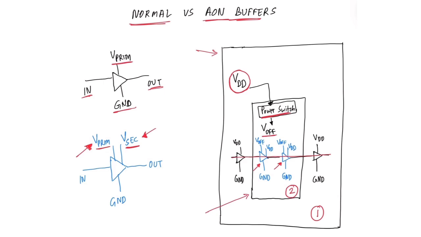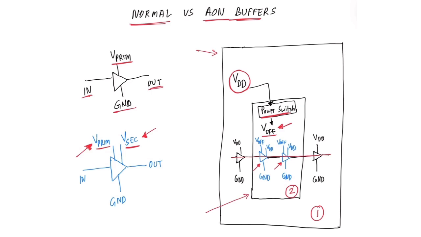Because if we use normal buffers, they will only have one power pin and that will be connected to V off inside this voltage area. So as soon as V off is turned off, those buffers will stop being operational and we will lose the signal which is being carried out by this net.